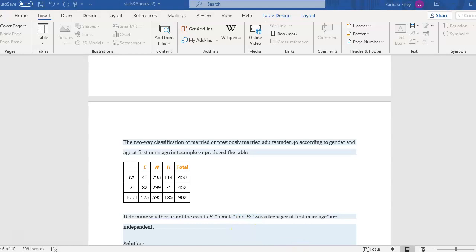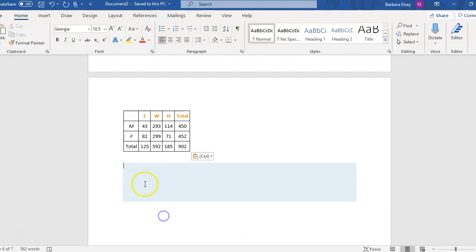All right, now I have transferred this already to this second sheet. We want to know if F and E are independent. That's our question.